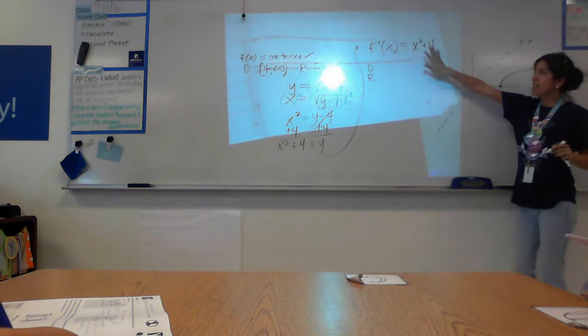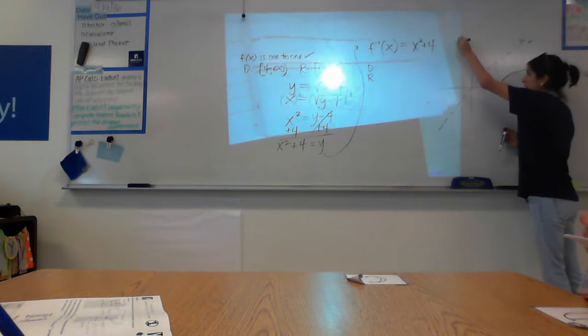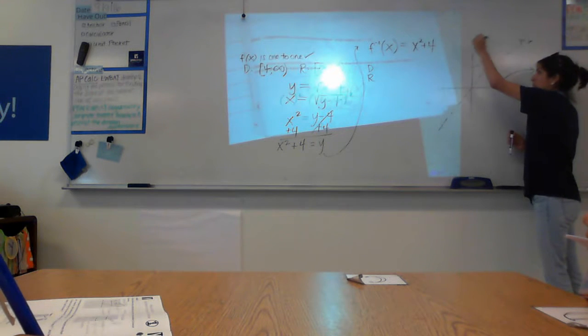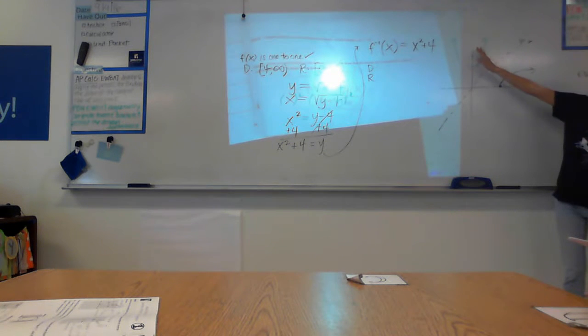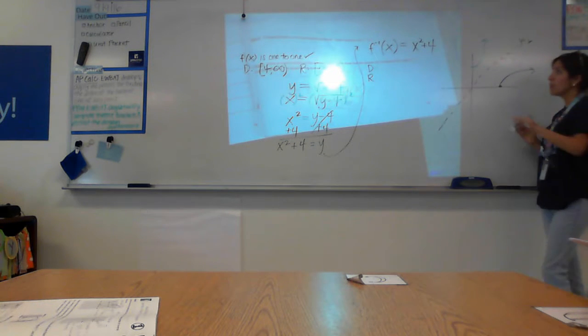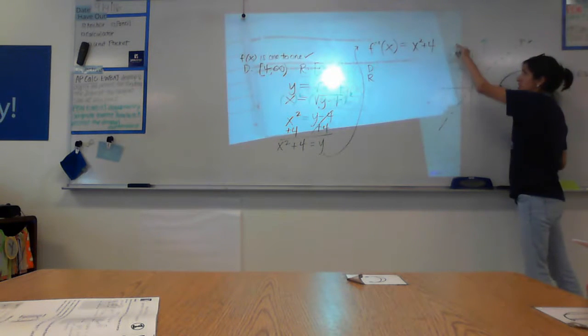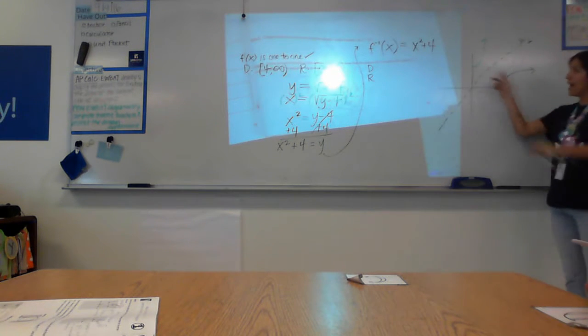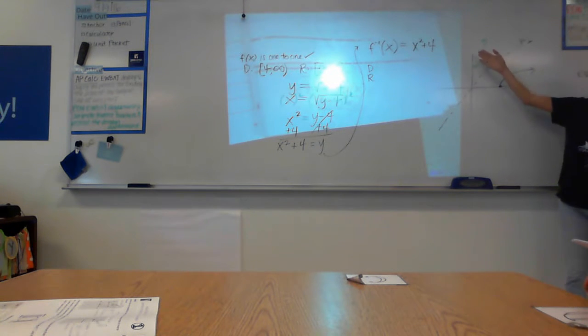If I just have x squared plus 4, that would be this entire parabola, right? Which is not a reflection of what I have right here. Which is why the domain and range discussion is so important. I'm actually only interested in the right half of that parabola. That's the only thing that would be mirror reflected if I took this and flipped it over.